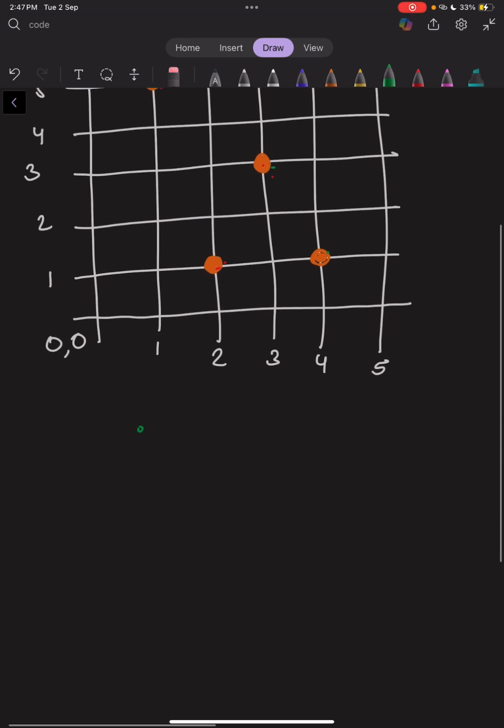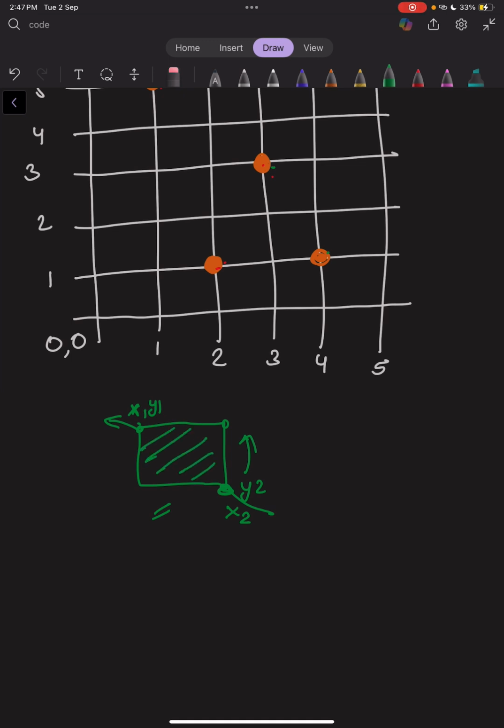In order to find that out, we just need 2 points, and here we will check that x1 is always lesser than x2 and y1 is greater than y2. Using this formula, we will be able to find out whether 2 points are forming a rectangle or not, and whether another point is coming under that or not.